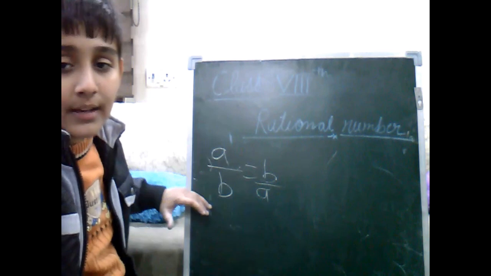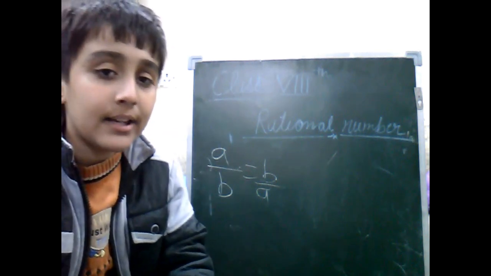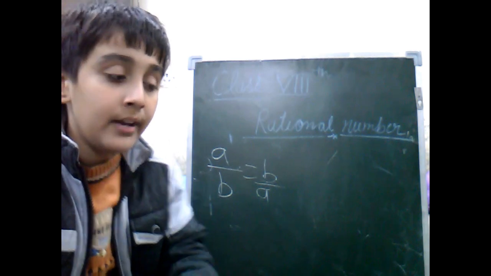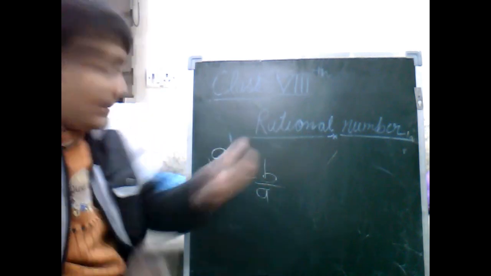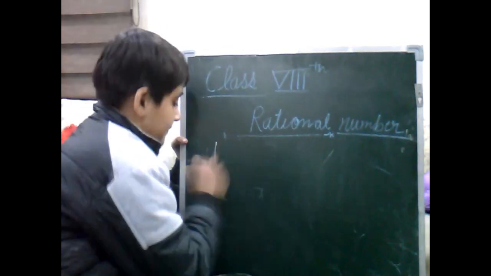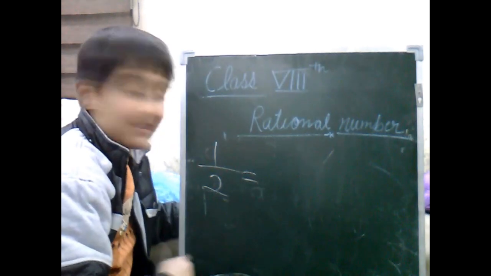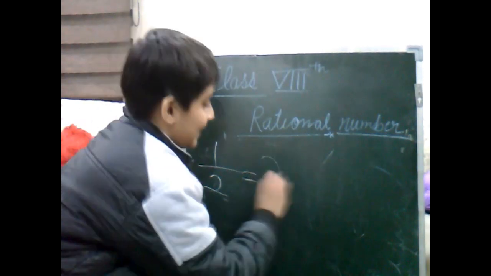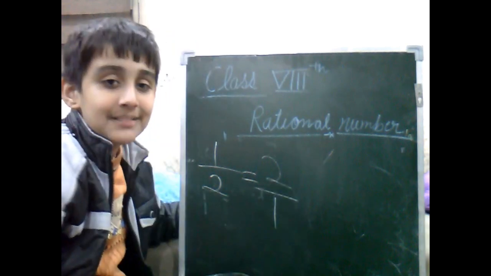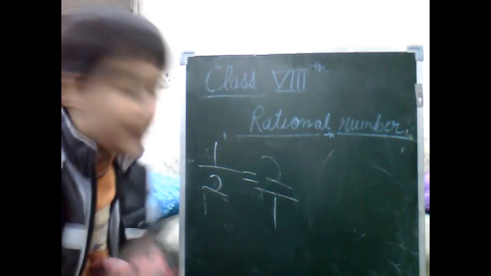A upon B, then A is in the numerator and B is in the denominator, so the denominator will come above. Let me give you one example. 1 upon 2. What is the reciprocal of 1 upon 2? It is 2 upon 1. Yes, that's it. So additive inverse means reciprocal of the number.